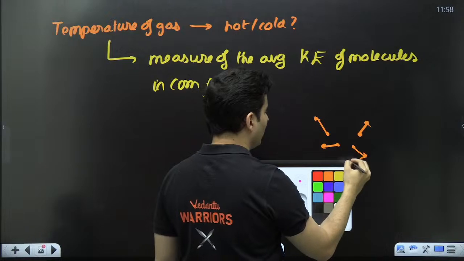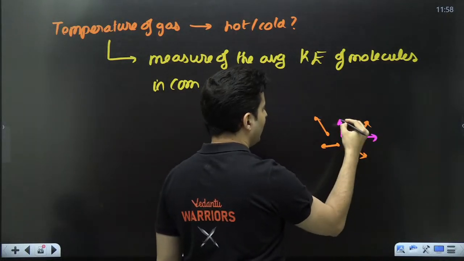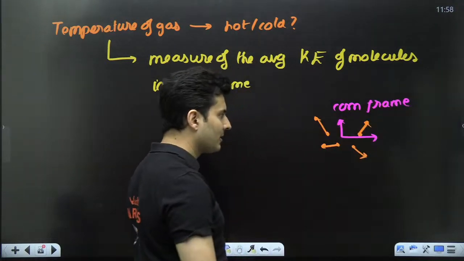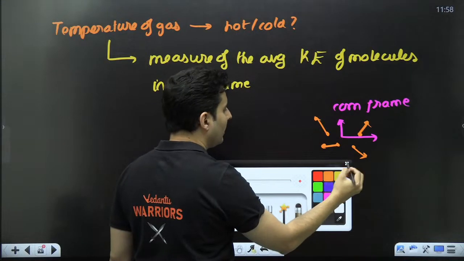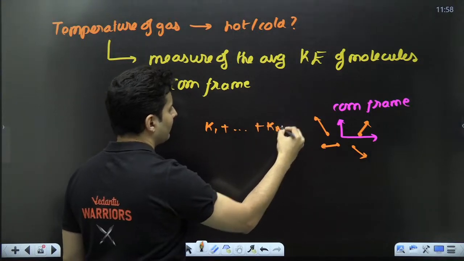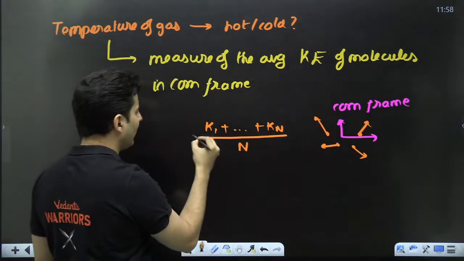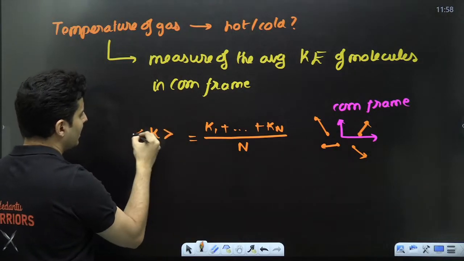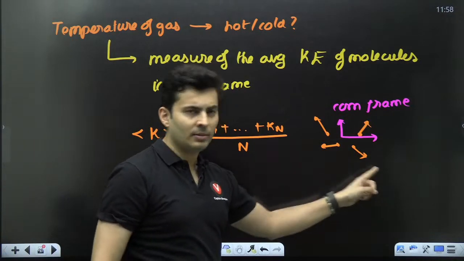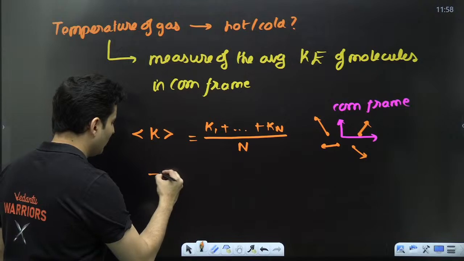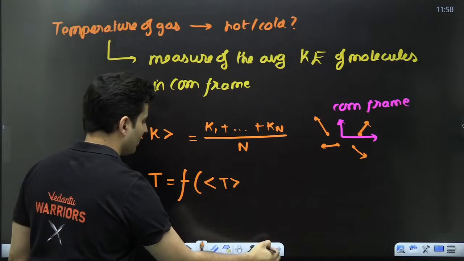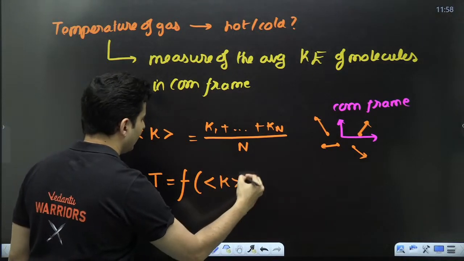You sit on their center of mass frame, and then you measure the speeds and calculate their kinetic energies, K1, K2, K3, till Kn, and take their average, that means divide by n. So you will get the average kinetic energy. All these kinetic energies are measured from the center of mass frame. Then you will see the temperature is some function of this average kinetic energy.